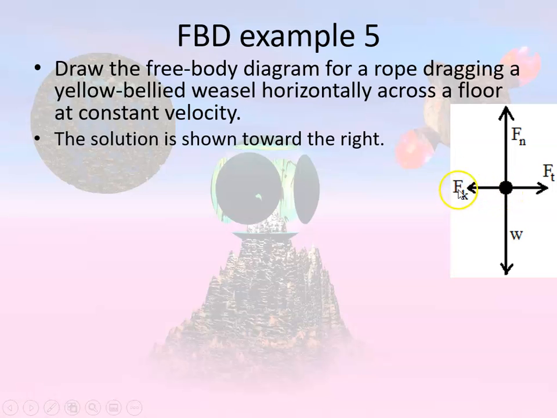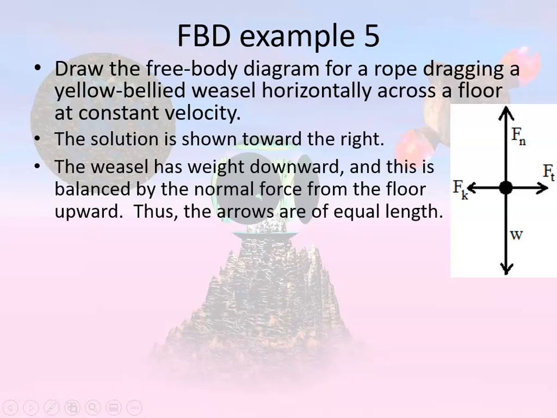And again, this is kind of an older diagram, but usually I will label kinetic friction force as a lowercase f with a subscript of k instead of capital F.